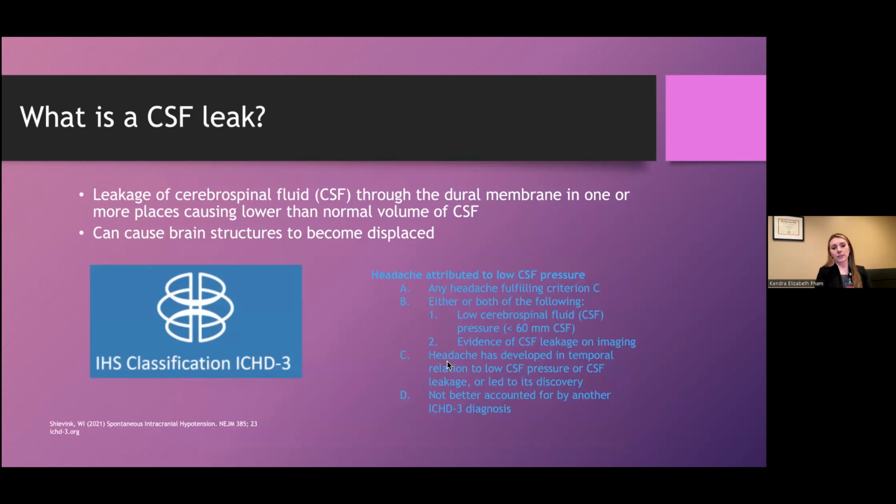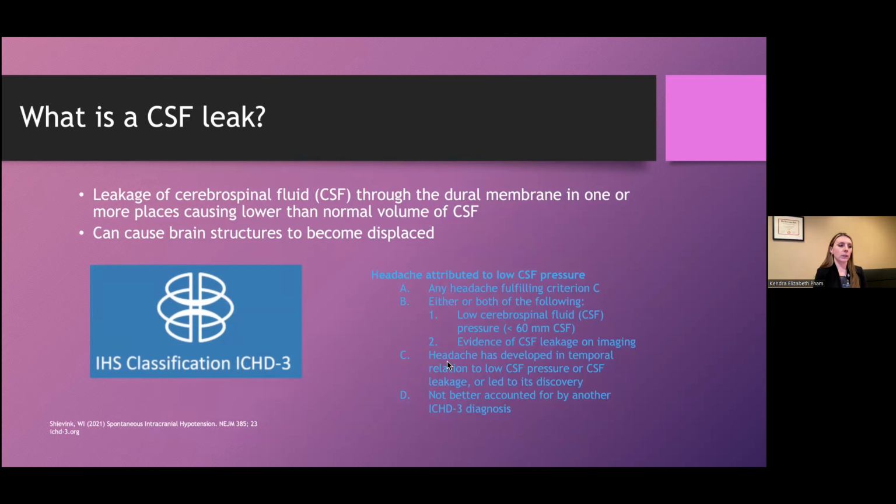So what is a CSF leak? Well, it's a leakage of spinal fluid through the dural membrane in one or more places, and it causes a lower than normal volume of CSF, and it can cause brain structures to become displaced.